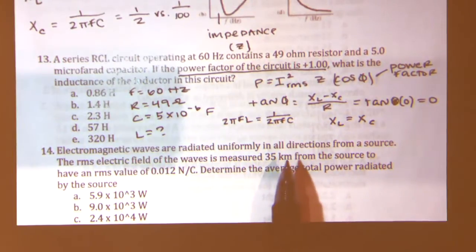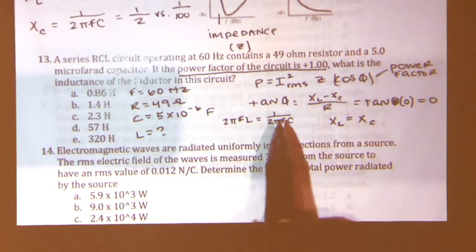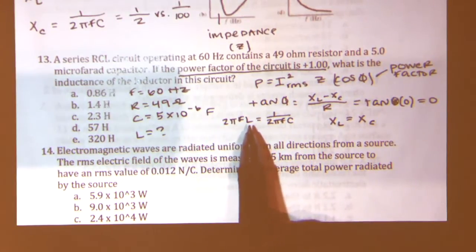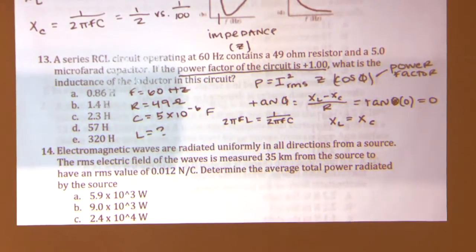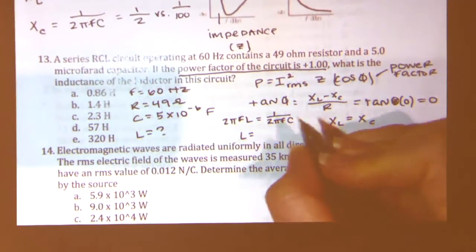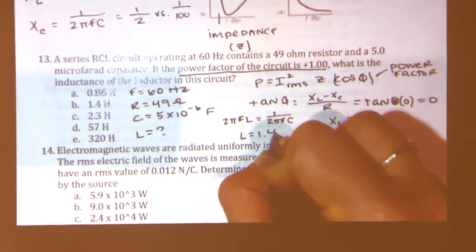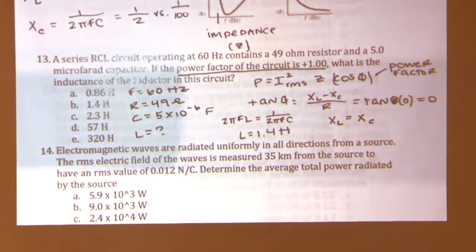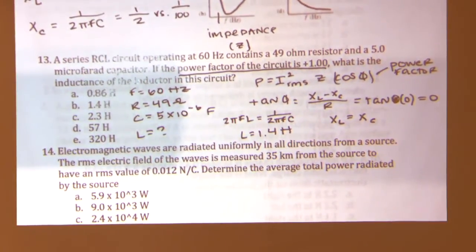We have a capacitance of 5 times 10 to the negative 6 farads, and we would just solve for L. In doing that, we should get an L of 1.4 henries. So that'll be B.